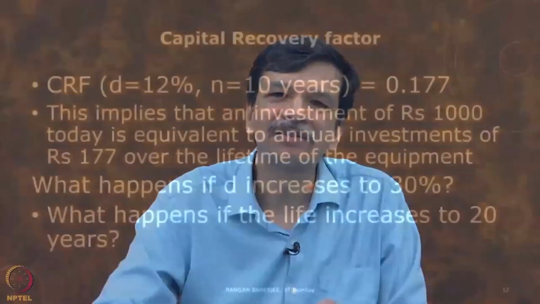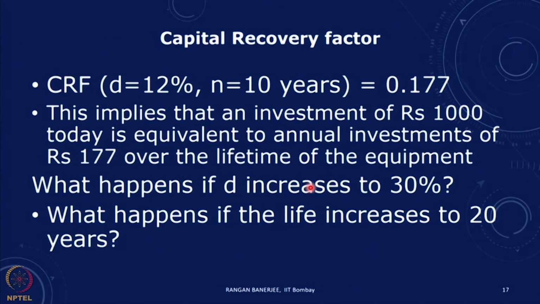So, this is the significance of the capital recovery factor, and this implies that an investment of rupees 1,000 today is equivalent to annual investments of 177 rupees over the lifetime of the equipment. What happens if the discount rate is higher? If the discount rate, for instance, increases to 30%, you can plug in the values.